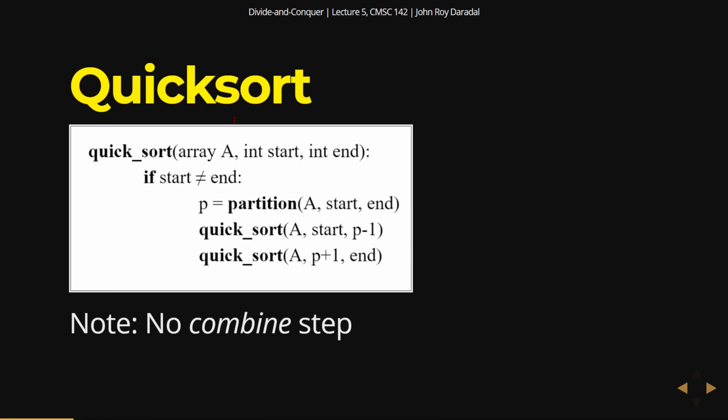And then we will use quick sort again on the left half and the right half, or to the left of the pivot and the right of the pivot. Okay, so this is also following the divide and conquer technique, and this one doesn't have any combine step, right? We'll just sort the left and the right half, and then there's no combine.